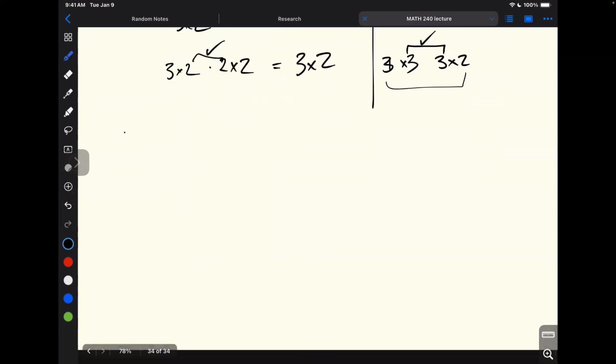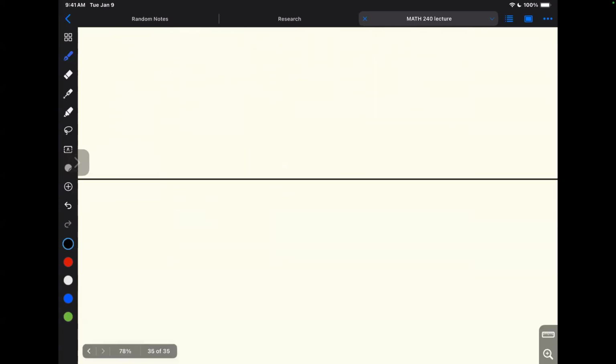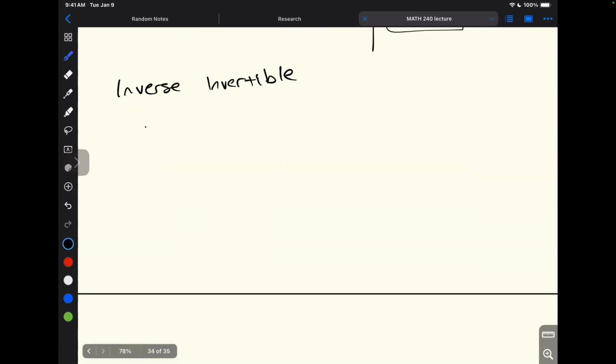Some other terms, inverse and invertible. So let's say we're multiplying A times B, and all of a sudden we find that we are getting the identity matrix, whatever size it is.